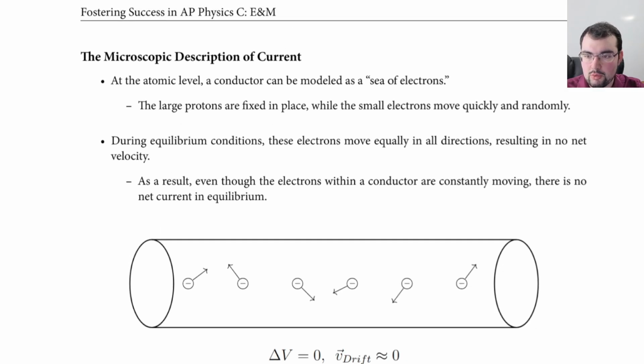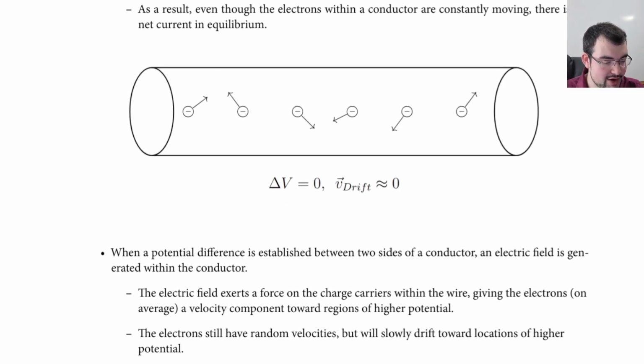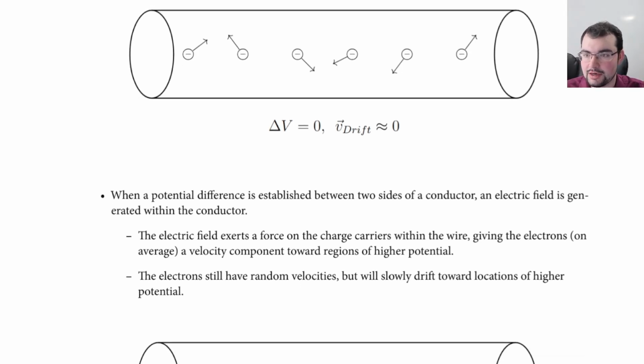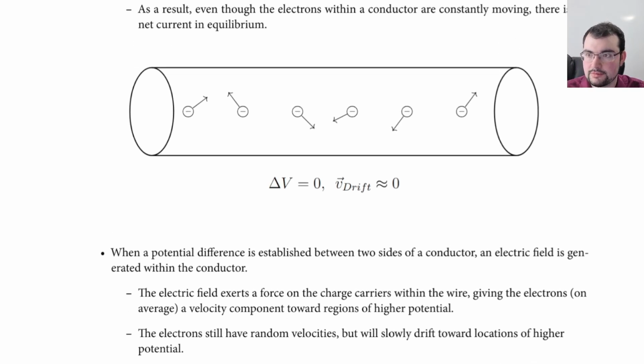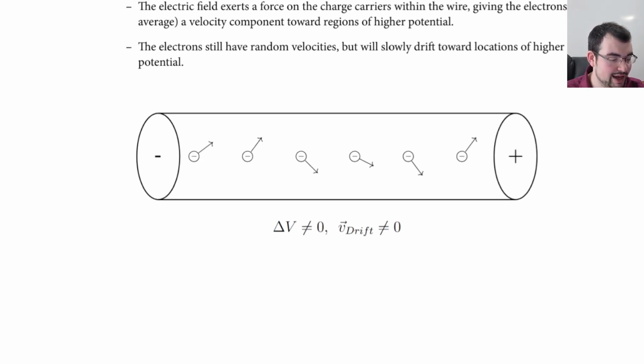So we call this a drift velocity if there's somehow a net direction that they're sort of creeping in. So if there is a potential difference, this means that there's going to be a push on these electrons. So the electrons will still have this sort of random velocity, but they're getting pushed on average towards one end.